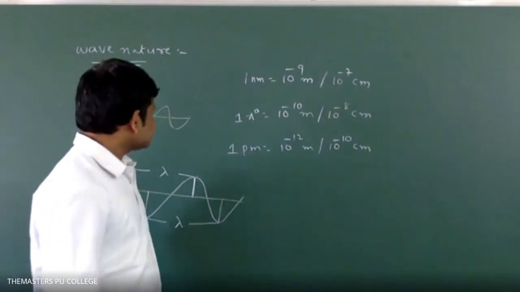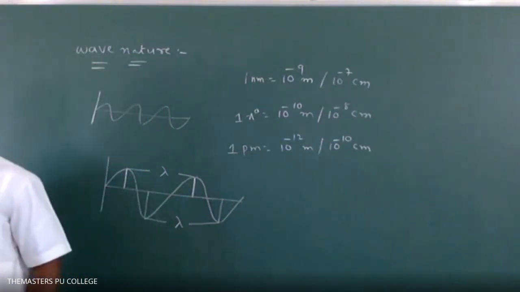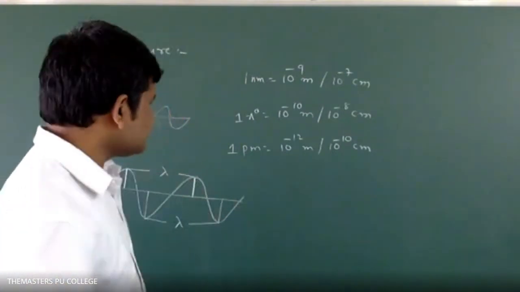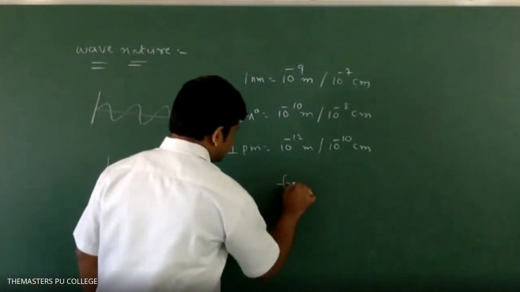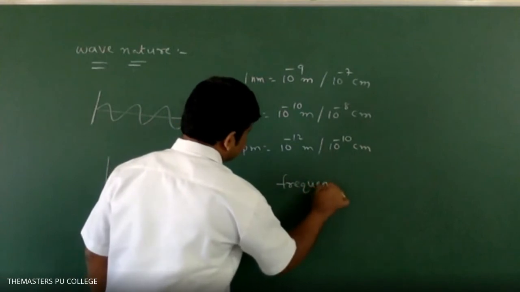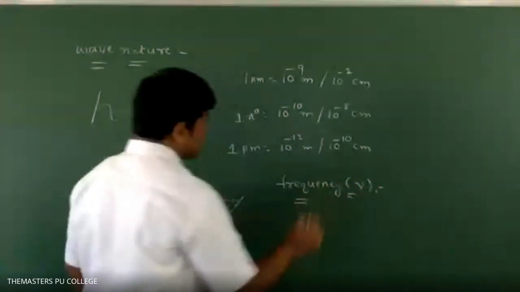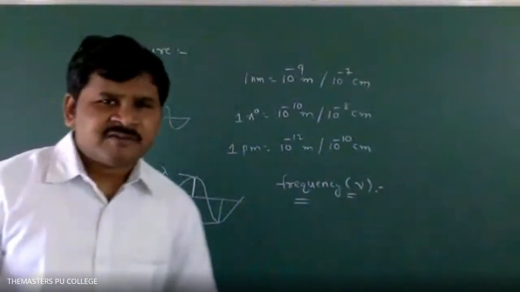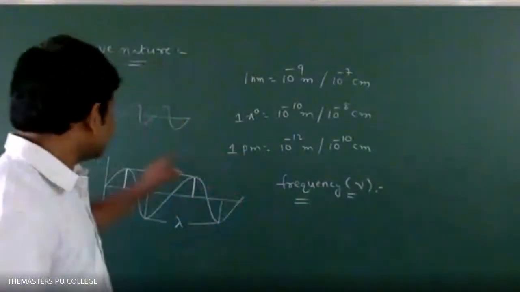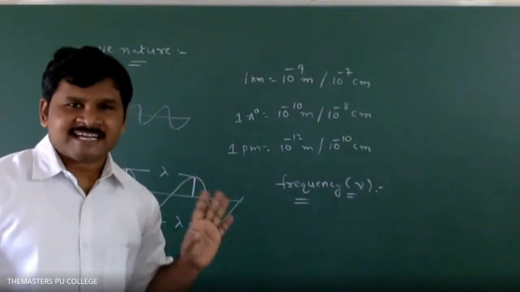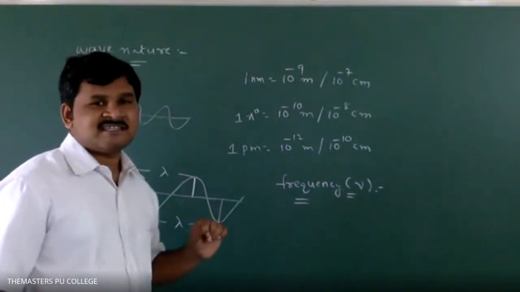Next, what is frequency? Please remember, frequency is represented with the symbol nu. The number of waves passed through a point in 1 second is called frequency.